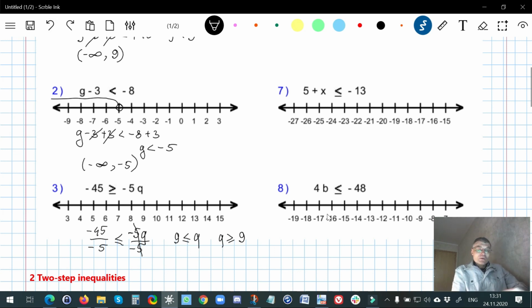I understand that my interval stretches to positive infinity. It means that I have to start with 9 and I have to include it because the sign is greater than or equal to. So I include 9, I close my interval, and then on the side of positive infinity it's not closed, like that.